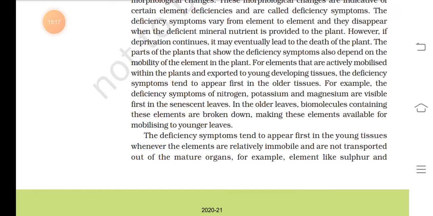In the older leaf, biomolecules containing these elements are broken down, making these elements available for mobilizing to younger leaves. The deficiency symptoms tend to appear first in the young tissue whenever the elements are relatively immobile and are not transported out of the mature organs.